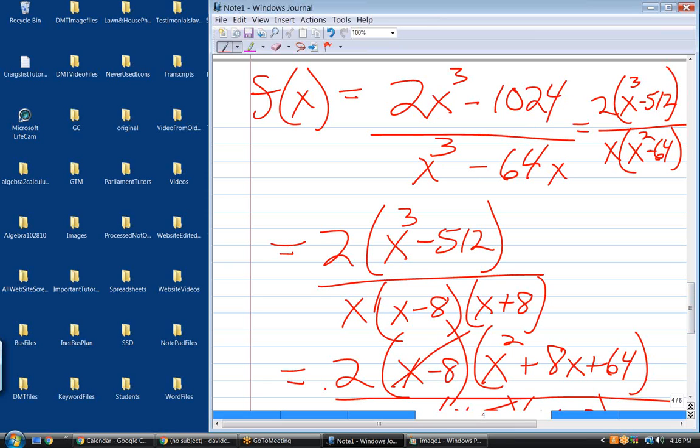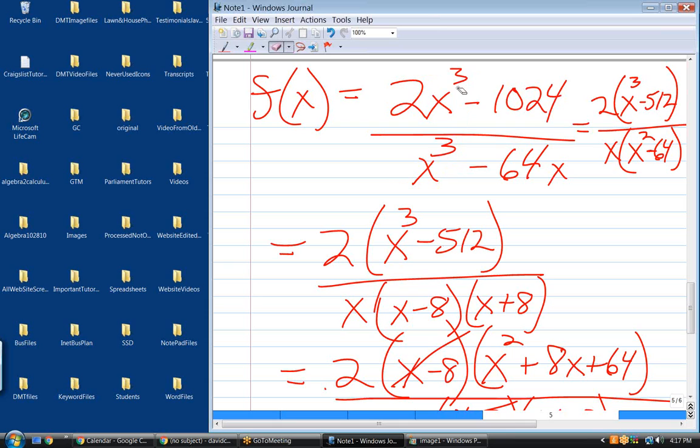The horizontal asymptote, if your highest degree polynomial is the same in top and bottom, nothing else matters. This minus 1024, this minus 64x aren't even in consideration. The only thing I'm looking at is that. The horizontal asymptote is the ratio of those coefficients because they're the same.